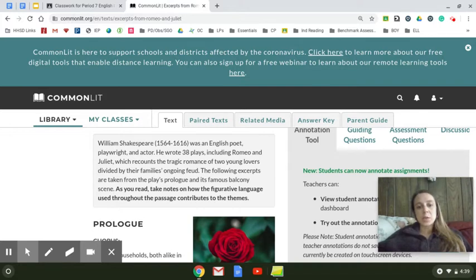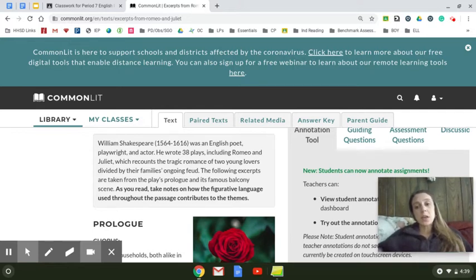The following excerpts are taken from the play's prologue and its famous balcony scene. As you read, take notes on how the figurative language is used throughout the passage, and how it contributes to the themes.